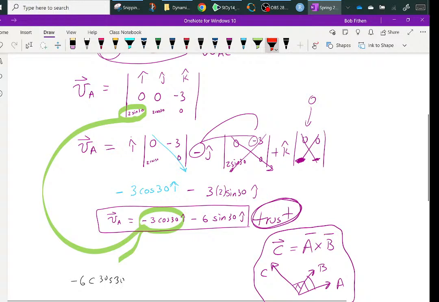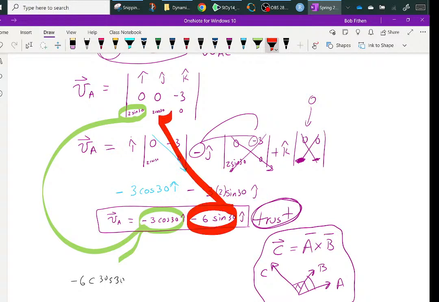Now I'll take this one and multiply it times that one and put it down here. And what I get, that's a 30, is 2, minus, so that's a minus. I get 2 times 6, or 12, sine of 30 and cosine of 30.